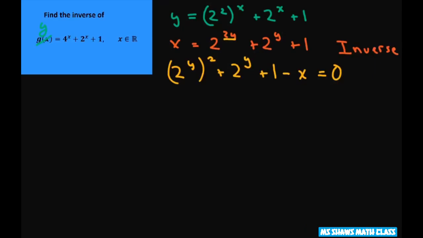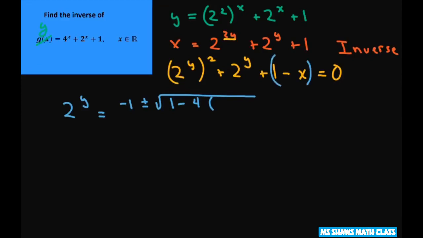All right. So basically what you're going to do is use your quadratic formula, and we're going to have 2 to the y power equals negative 1 plus or minus the square root of 1 minus 4ac. This is your c.